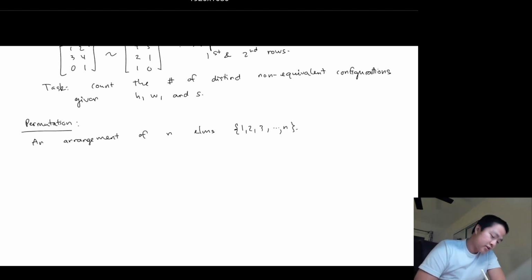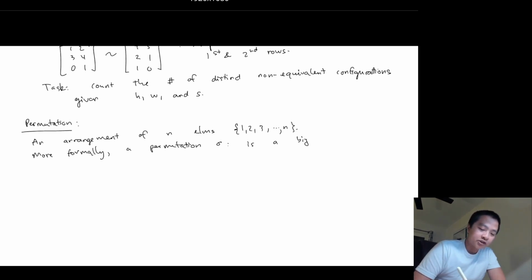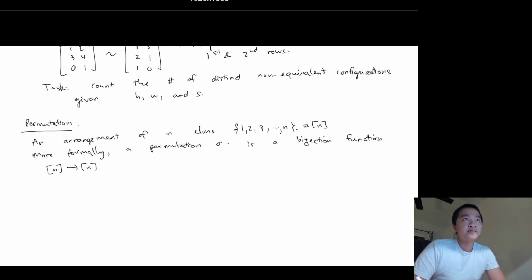More formally, a permutation sigma is a bijection function that maps n elements to that same set.